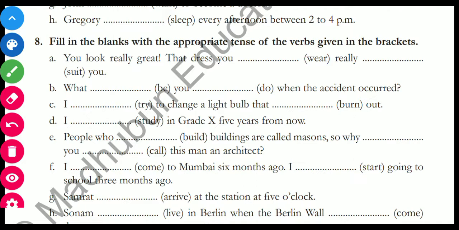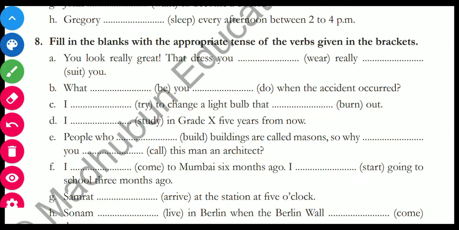Okay. Next is B. What dash you dash when the accident occurred? That means तुम उस समय क्या कर रहे थे जब ये accident हुआ? Okay, this would be the answer. So you यहाँ पे continuous tense हो जाएगा. Okay. So the answer would be, what were you doing when the accident occurred?